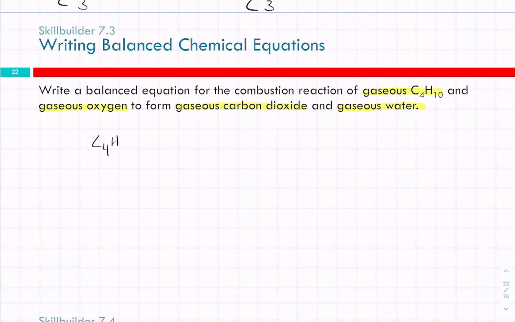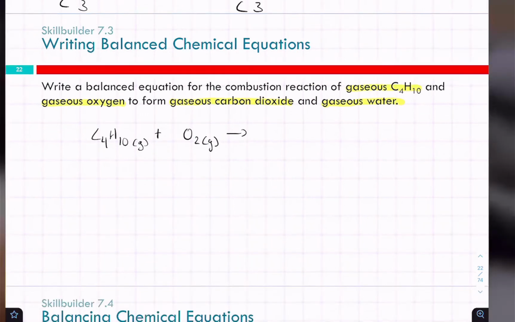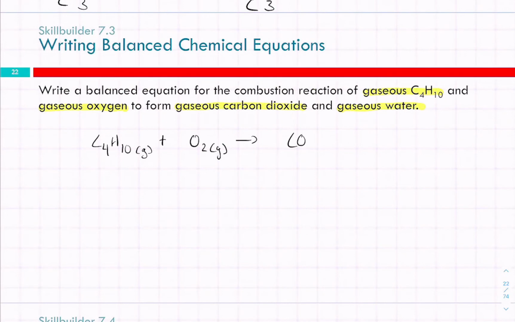C4H10(g) plus O2. And then our products: CO2(g) and H2O(g).